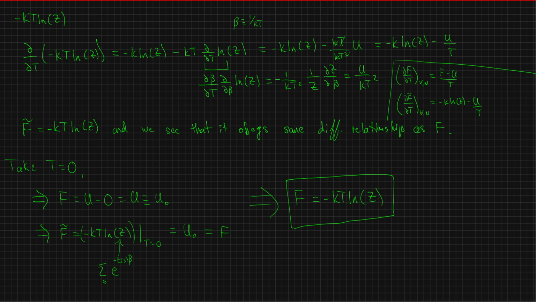And so since this is a differential relationship, you can't necessarily just equate f tilde to f right away. So we can't necessarily just say that f is minus kt ln of z.